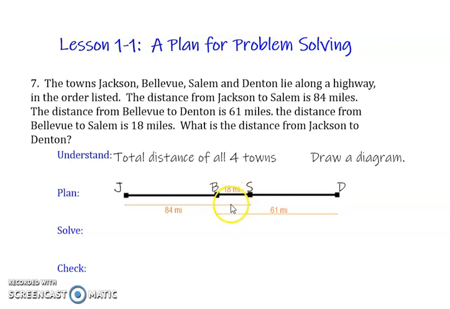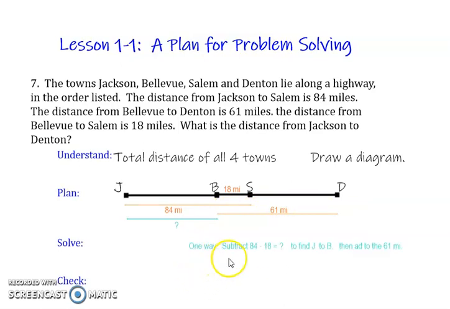So we've got to subtract 18 from one. I'm going to subtract it from the top one just because you can pick either one. So we subtract that 18 from here so we can figure out this distance in this aqua color. Then later on we can add it to the 61 to get the total distance, right?